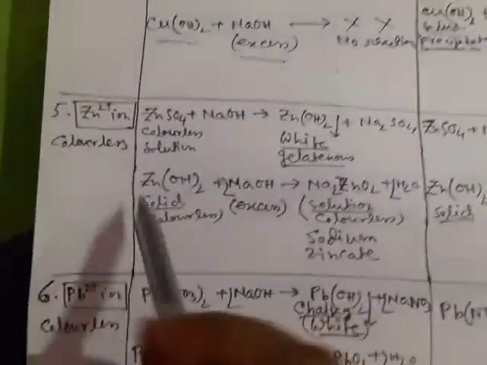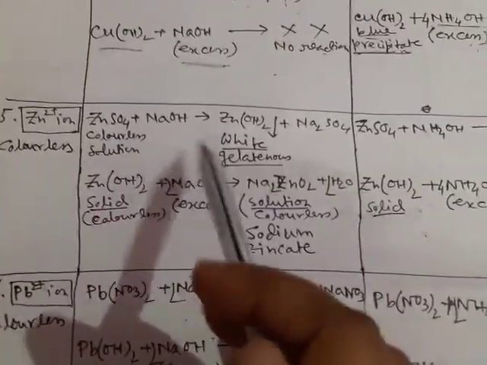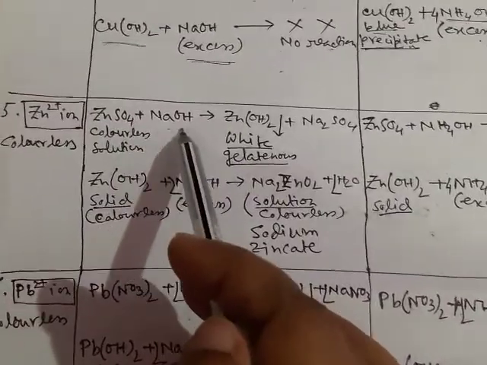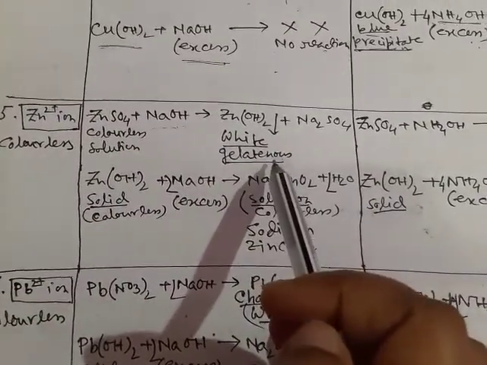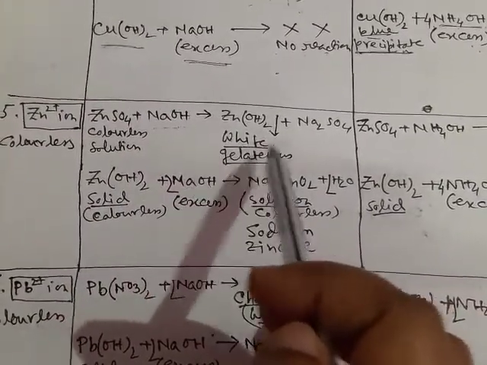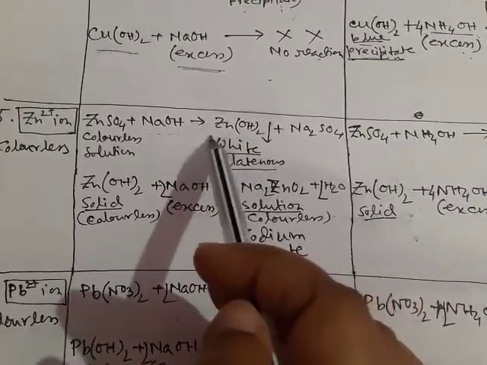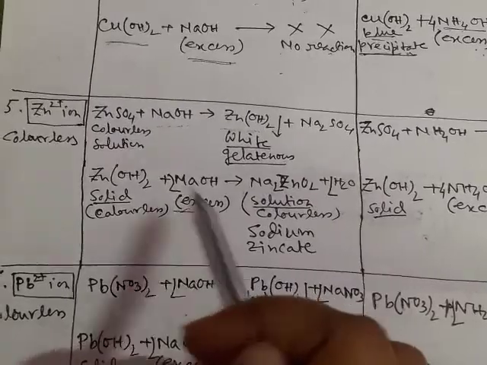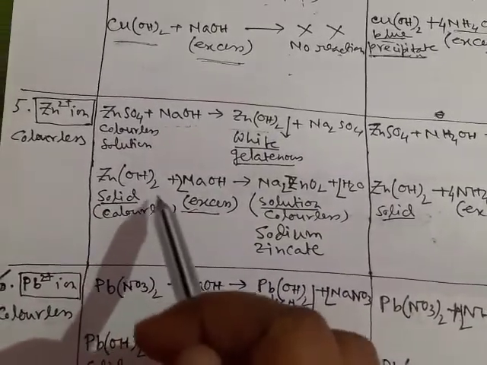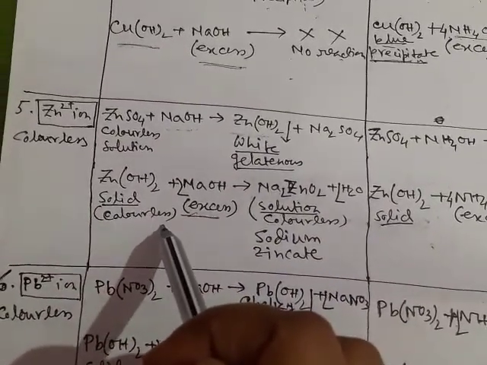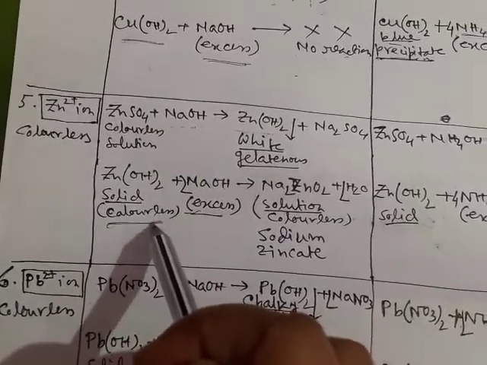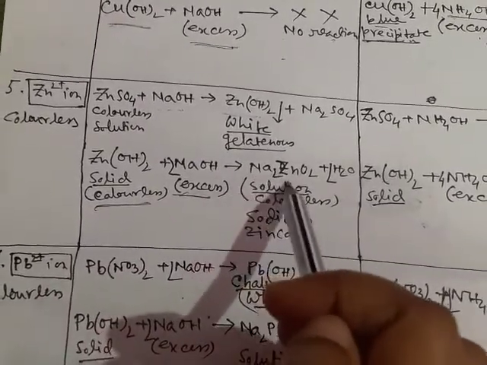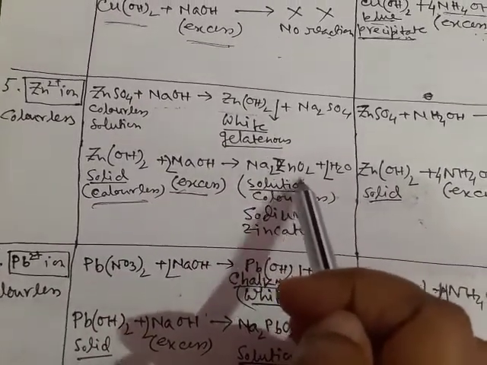Now, the zinc ion solution is colorless. When you add sodium hydroxide dropwise, at first there is formation of a white gelatinous precipitate of zinc hydroxide. Now, if you add excess NaOH, then this precipitate becomes soluble due to formation of sodium zincate.